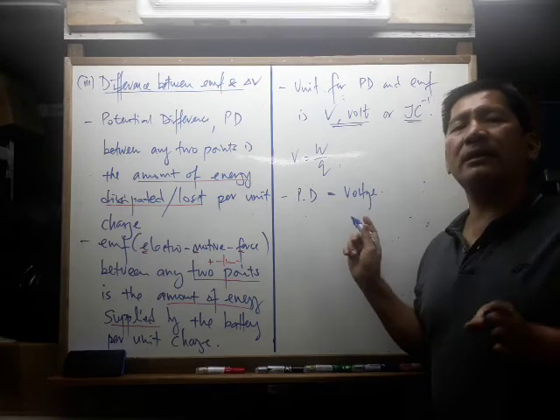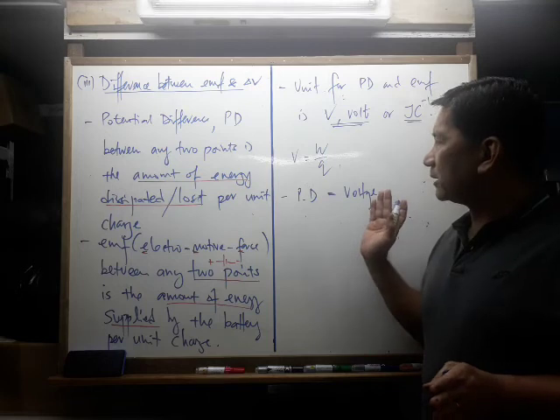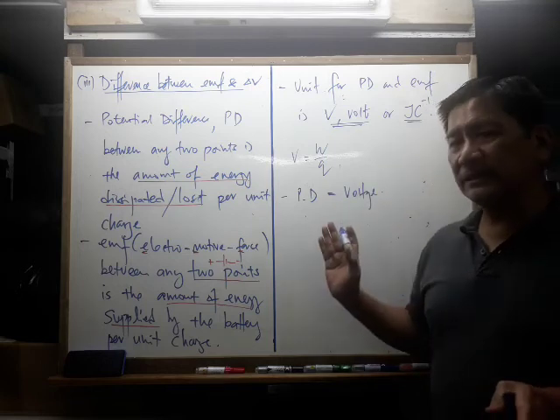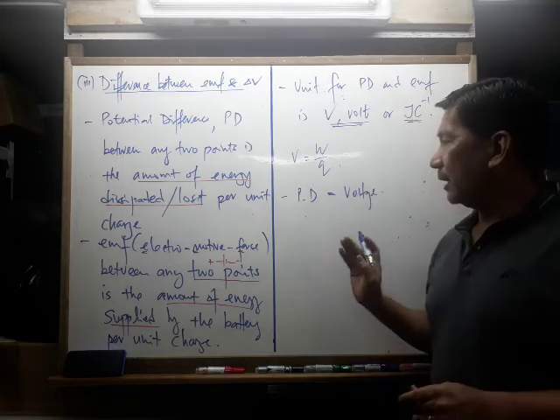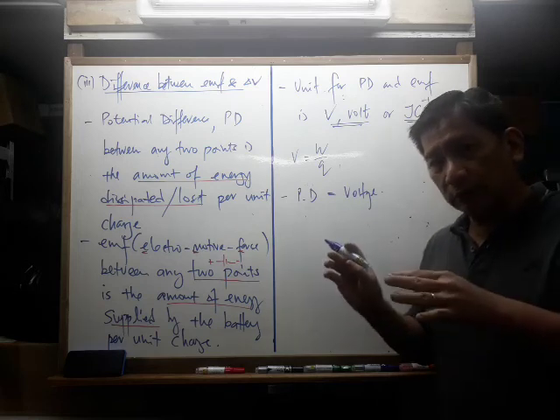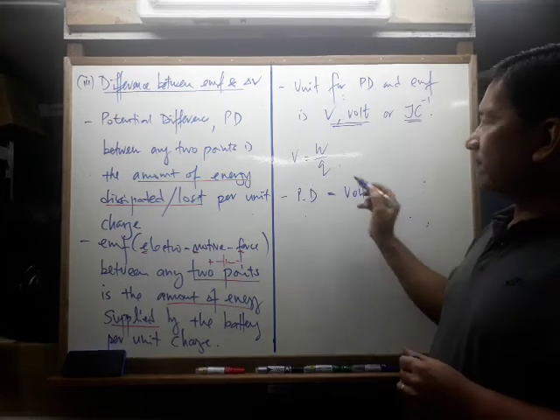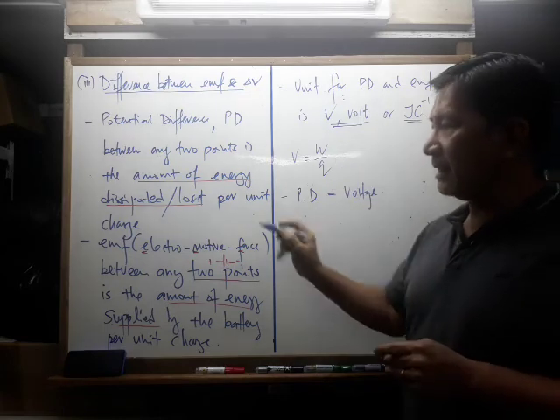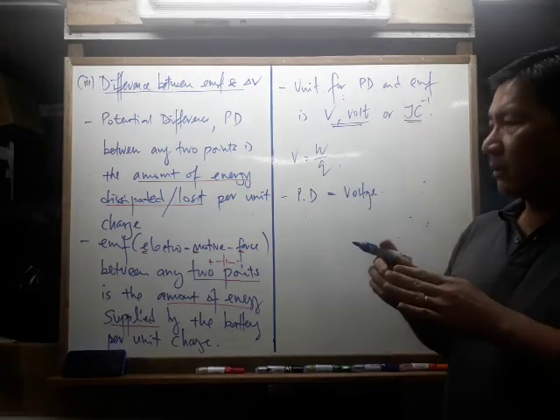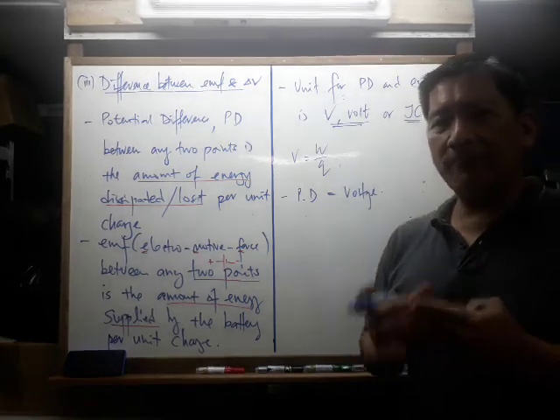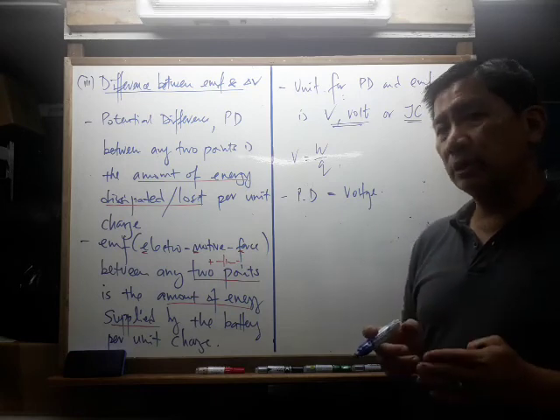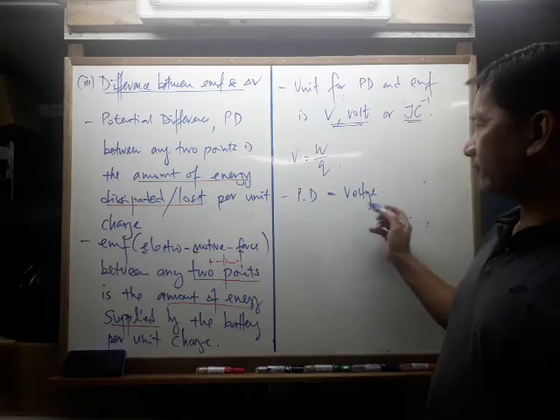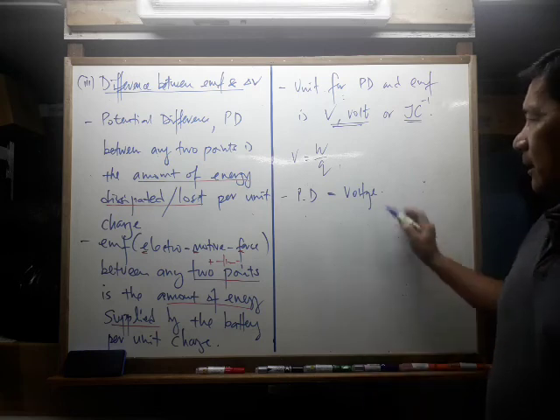I don't encourage students to use voltage to replace EMF, unless you know what you're talking about. Voltage normally refers to potential difference, and EMF is the ability of the battery to supply the total amount of energy per unit coulomb. That is different from potential difference. All right, so that's it.